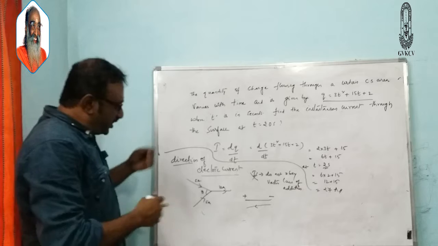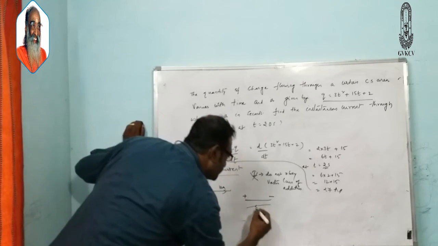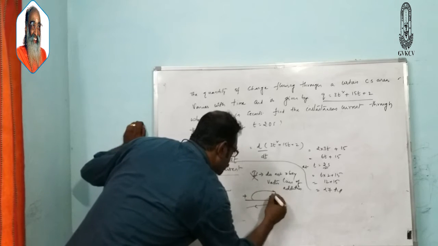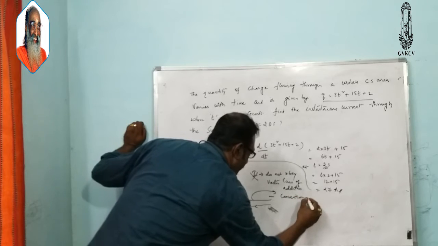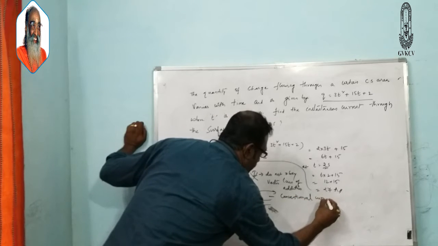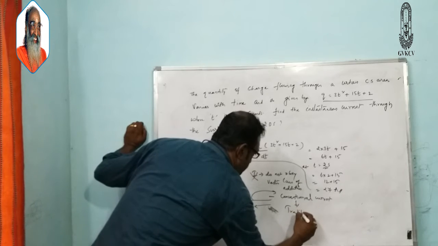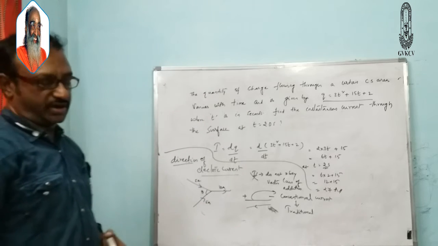But already they have assumed, and because they don't want to change it, they just named this direction, from positive to negative, as conventional current. Conventional means traditional, as we are following from the beginning, so it is conventional current.